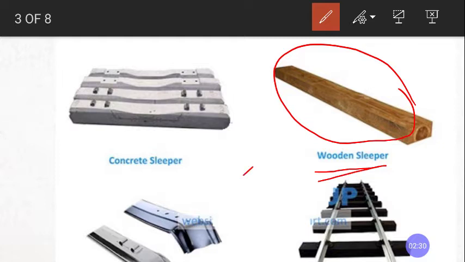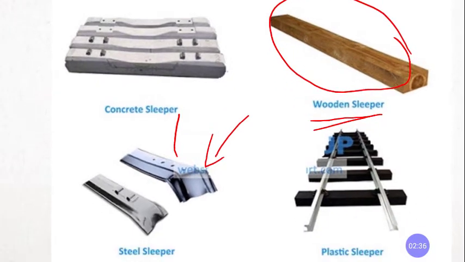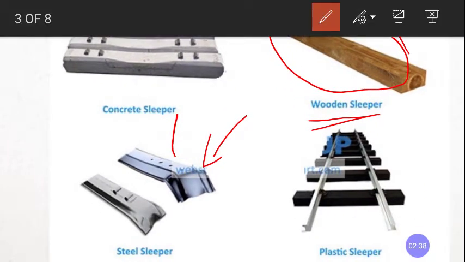Then we looked for steel sleepers. This is how the steel sleepers look. Because of this arrangement done here, it acts like a creep anchorage. It would not allow the creep to happen. So this was the second type.